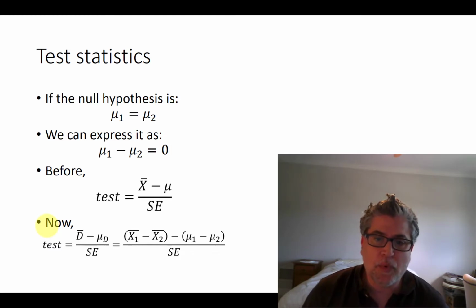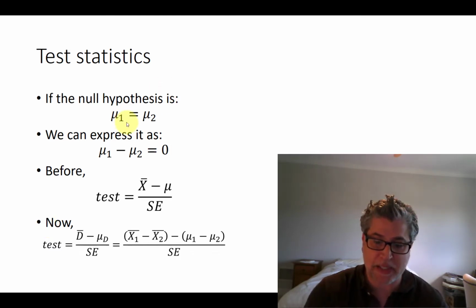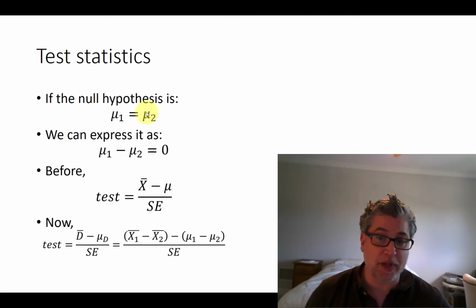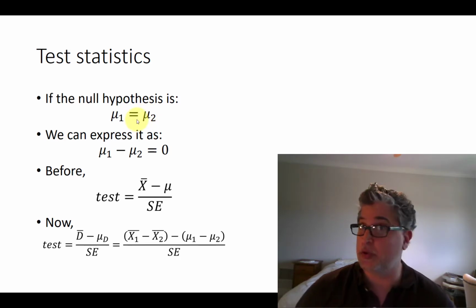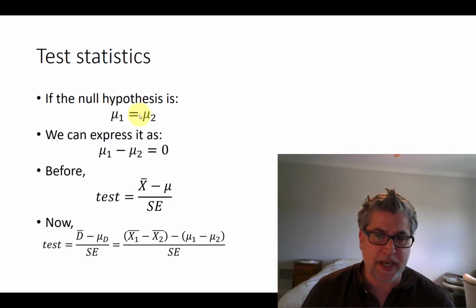So we can just look at very simple hypotheses that might ask, is the average from one group of data the same as the average from another group of data? And if our null hypothesis is that there is no difference, the drug does not work, it's no better than a placebo, then the averages should be the same.